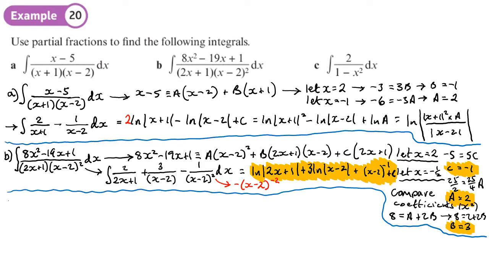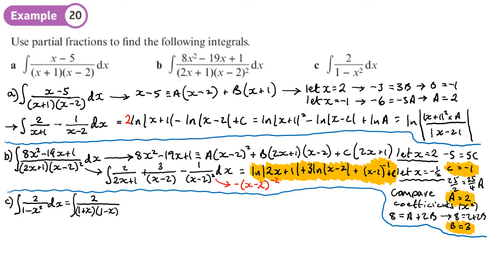Right, so c, this is the integral. Oh, this looks much nicer. 2 over 1 minus x squared dx. So the first thing I notice is that the bottom is the difference of 2 squares, so 2 over 1 plus x, 1 minus x.